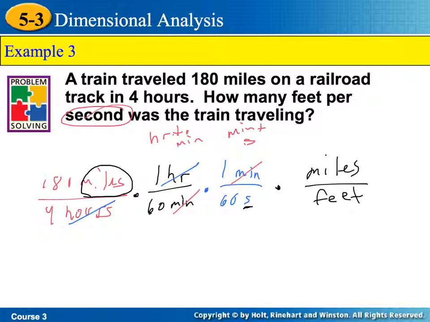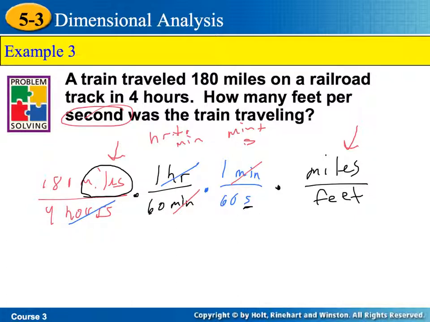I cannot cancel out this miles when this one is also on top, because if I multiplied straight across on top, I would get miles times miles.